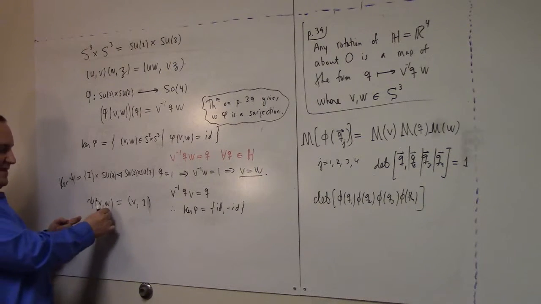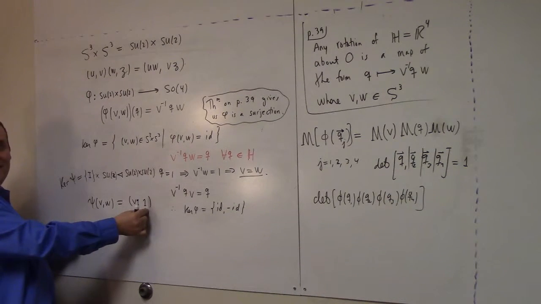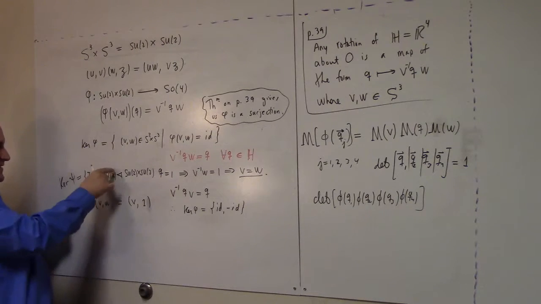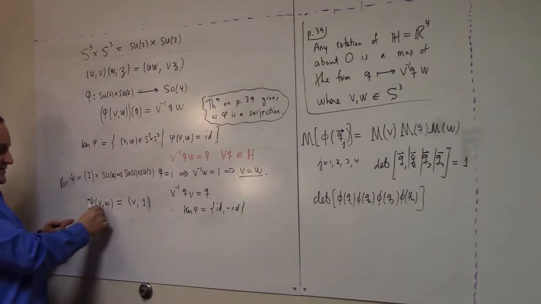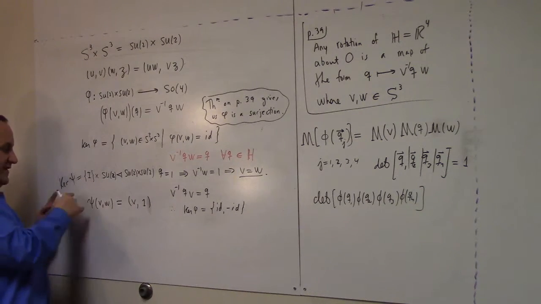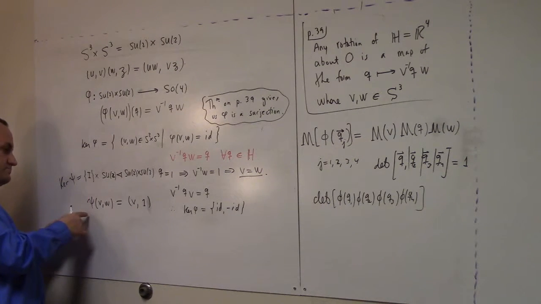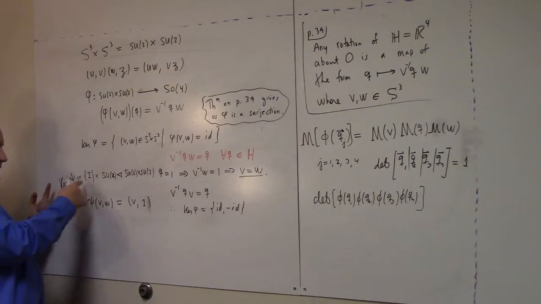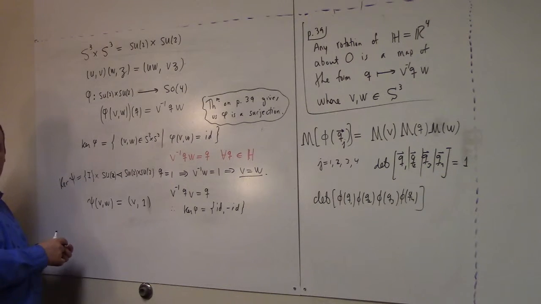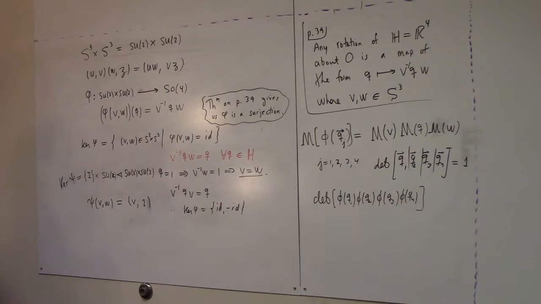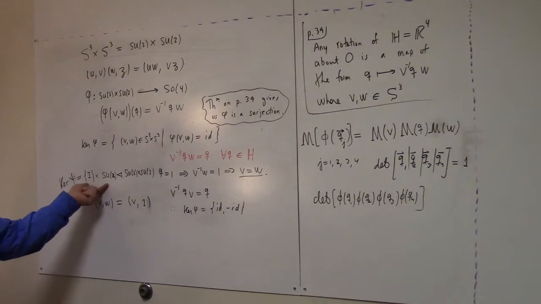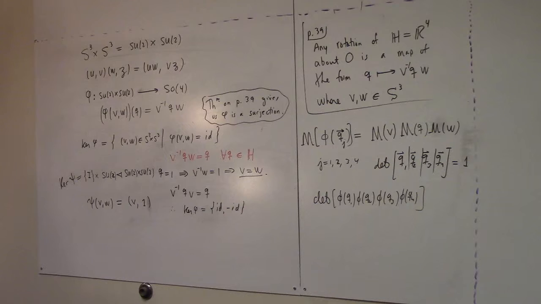Everything maps to the identity in the W, and just 1 in that. So the kernel of psi is that. But if this is a homomorphism, then the kernel is a normal subgroup of the domain. So that's another, more efficient way to prove that this is a normal subgroup.